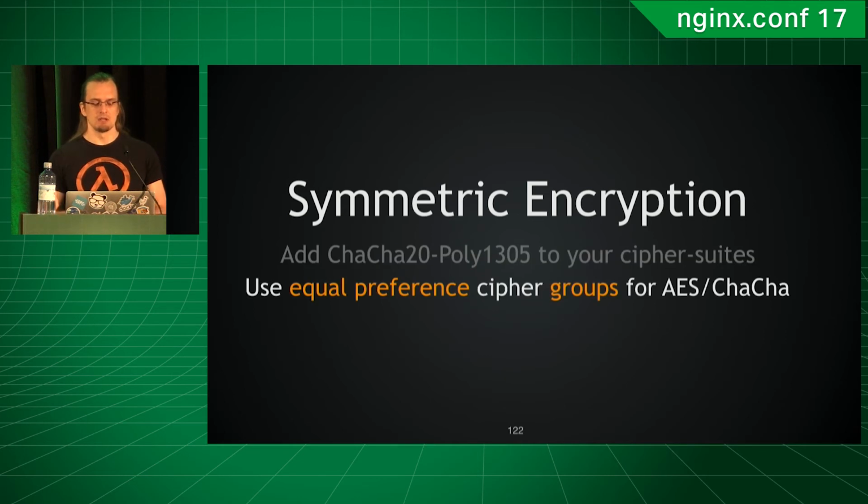Second, if your library supports that, you can enable equal preference cipher groups and let the client decide which ciphers to use. For example, your server will still dictate the order of preference, but within the same group, the client can decide.